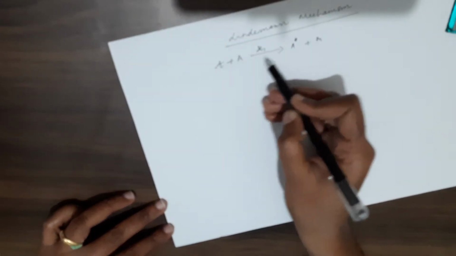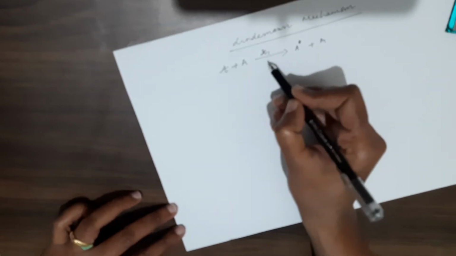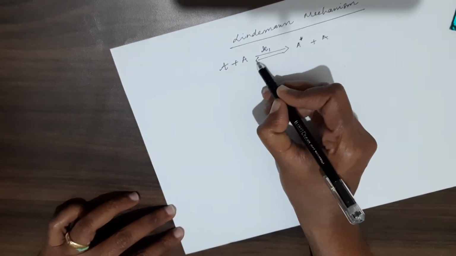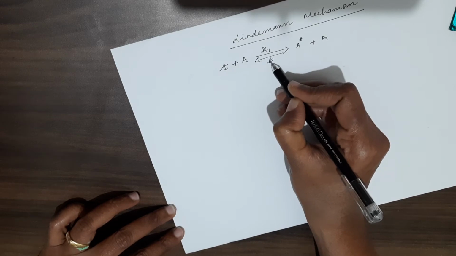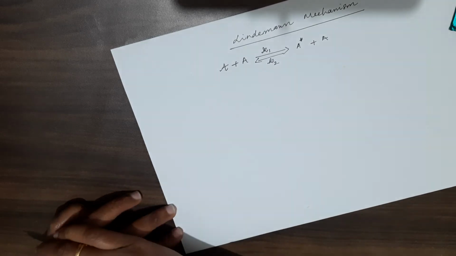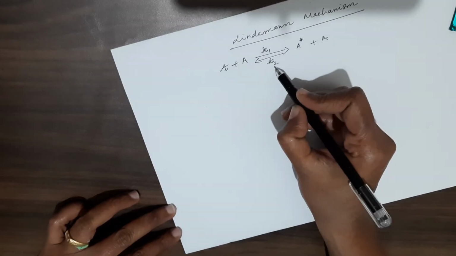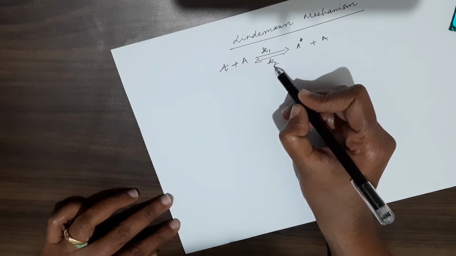So let this backward reaction have a rate constant K2.